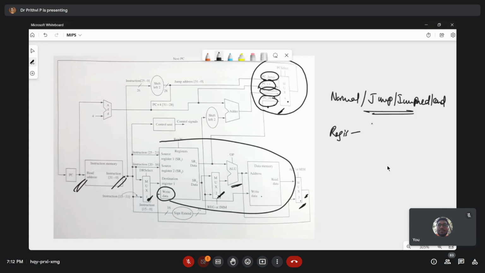The huge data that can be stored in your MIPS is able to handle all types of instructions and all types of data set sizes. So this is one basic level of understanding for the MIPS and the subset of MIPS.